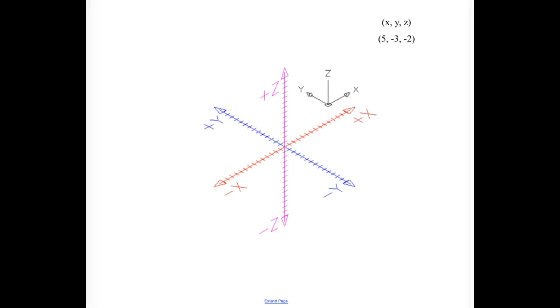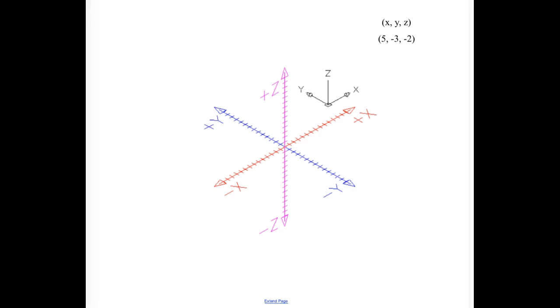I'm not going to ask you to graph an ordered triple, but I want you to be able to visualize what we're talking about. We are moving from 2 dimensions to 3 dimensions. So it's difficult on a 2-dimensional piece of paper to accurately show a 3-dimensional graph. But what I want you to consider is picture that you've drawn an XY axis on a piece of paper.